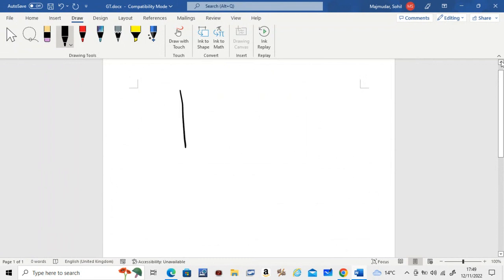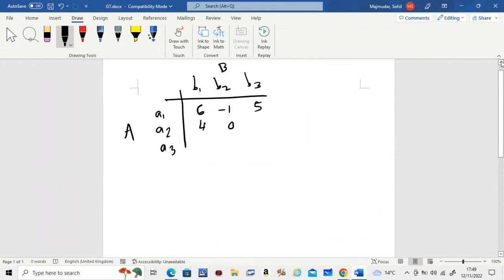Now the new matrix becomes, I'll quickly write this. Okay, this is player B. If you add 3 to all of them, it becomes 6, -1, 5. You can verify this when you're doing it yourself. 4, 0, -4, and 1, 7, and 10.